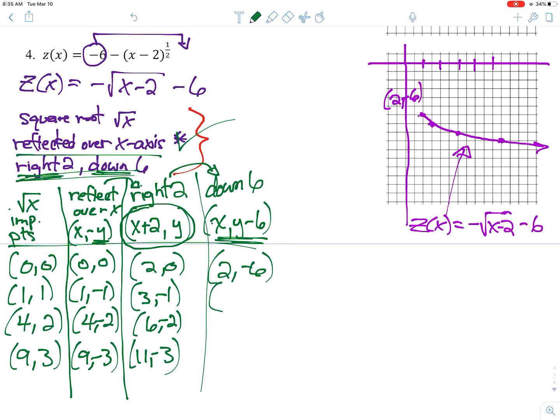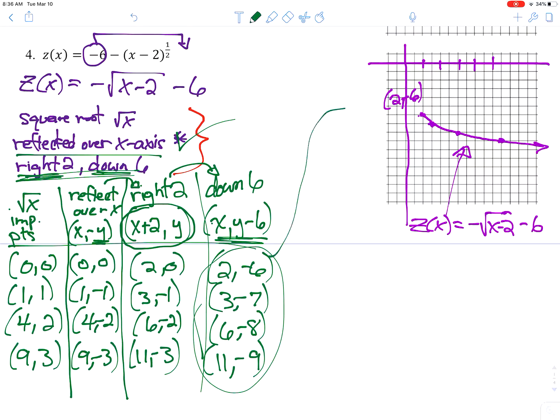I've subtracted 6 from the y-coordinate. 3, negative 7, 6, negative 8, and 11, negative 9. Hopefully these new points, 2, negative 6, 3, negative 7, 6, negative 8, and 11, negative 9, match what I did earlier.